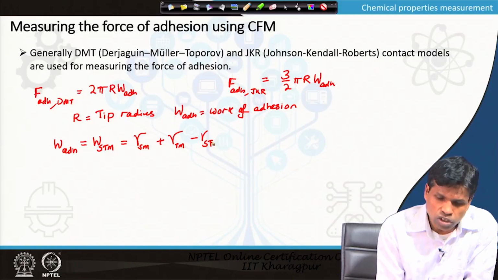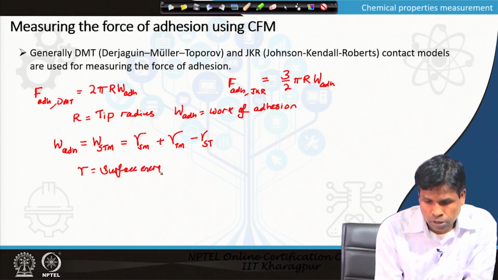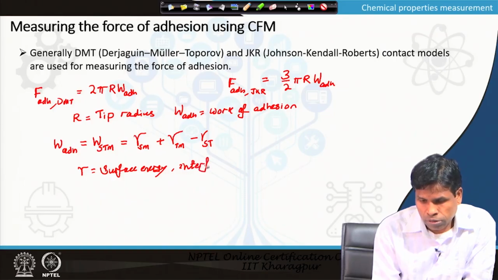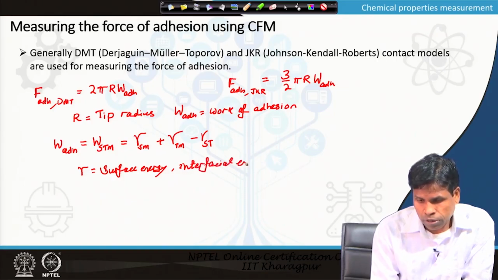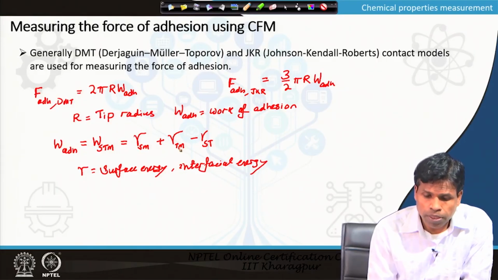So, here these are the surface energy between two media, or in this case interfacial energy. One can measure the gamma SM and gamma TM with contact angle measurement also.